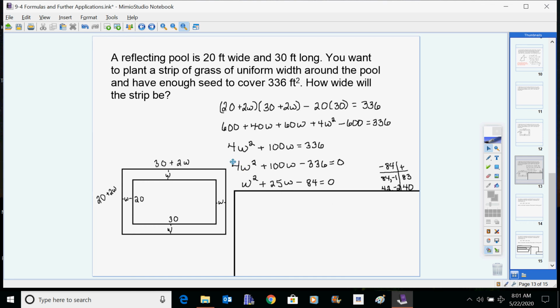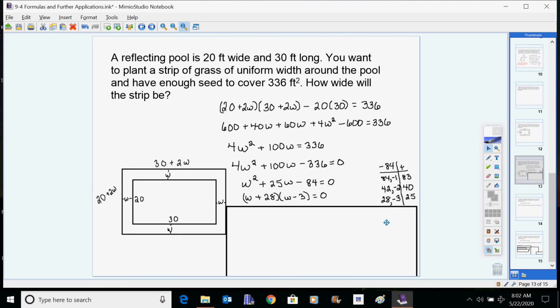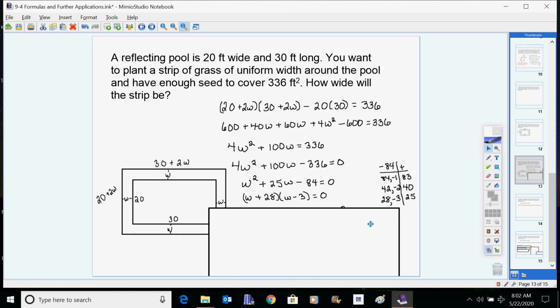It's much easier if you make the leading coefficient a 1, so if we divide everything by 4, they are all divisible by 4. It doesn't work out if they're not all divisible by the first coefficient, but if they are, go ahead and divide both sides by that. Everything divides out. We try factoring, and in this case 28 and negative 3 give you negative 84, and you can separate this out.